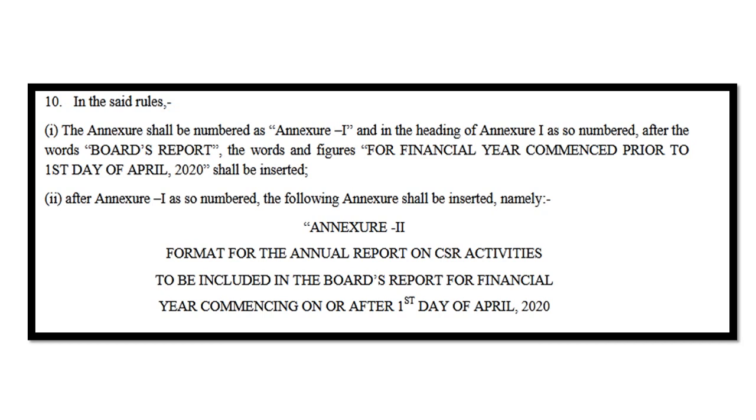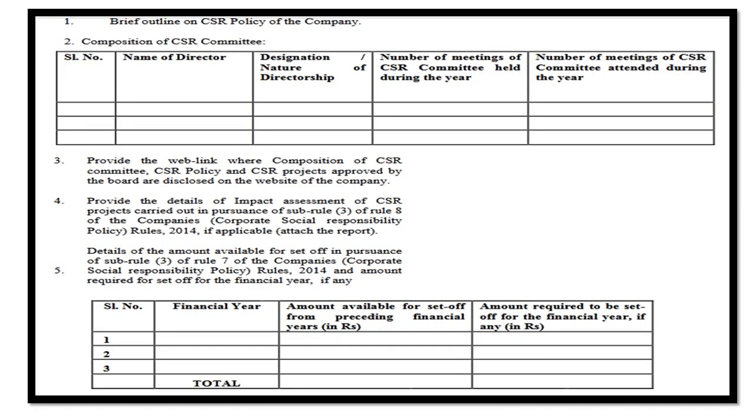So this is the format of the annual report that I told you at the time of CSR reporting. The format of Annexure 2 states that firstly you have to give an outline of your CSR policy, the composition of the committee, then the website on which you're giving all the details regarding the CSR, and details of impact assessment.